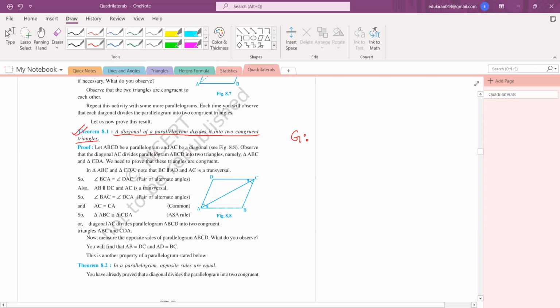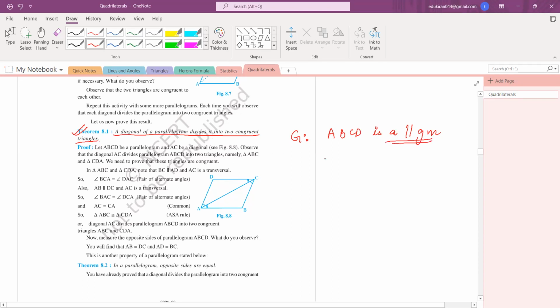Okay, so it says that the diagonal of a parallelogram divides it into two congruent triangles. So here's the figure. What is given to you? That ABCD is a parallelogram. So it is already given that it is a parallelogram. Remember, as in the case of lines, we saw that sometimes it is already given that the lines are parallel and somewhere it is not given that the lines are parallel. So here it is already given that it is a parallelogram, which is an important piece of information.